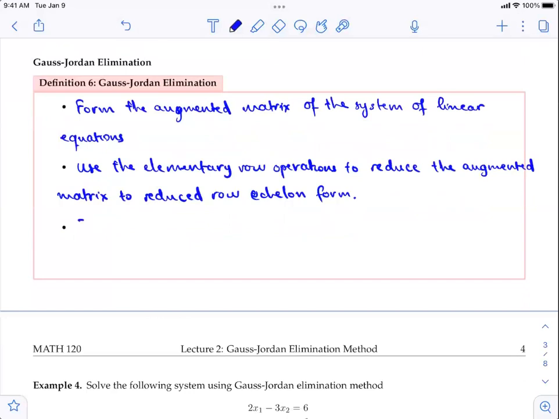So the last step: the resultant system is the system that you obtain through the elementary row operations process. Now, if the resultant system is consistent, we solve for solutions.